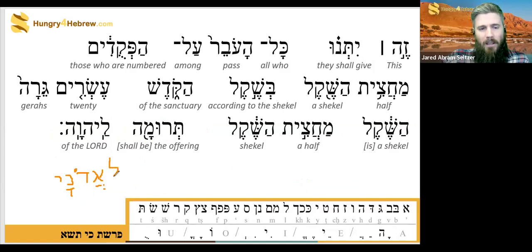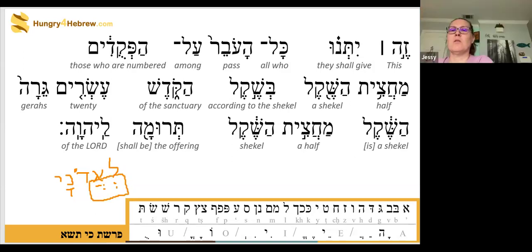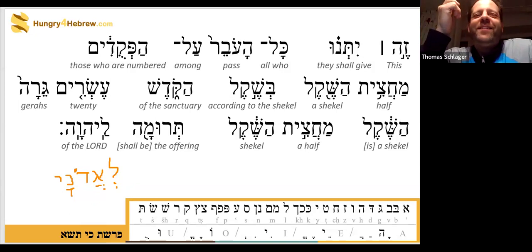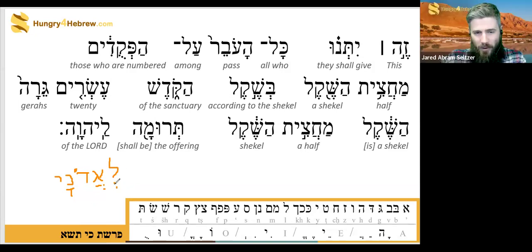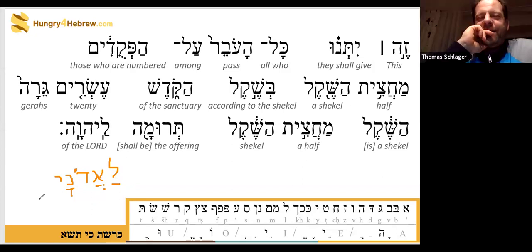If you put le in front of Adonai, do you put a shva? Supposed to, right? But that creates a problem, doesn't it? So in order to fix the problem, Hebrew turns the first shva into a full vowel. La Adonai.